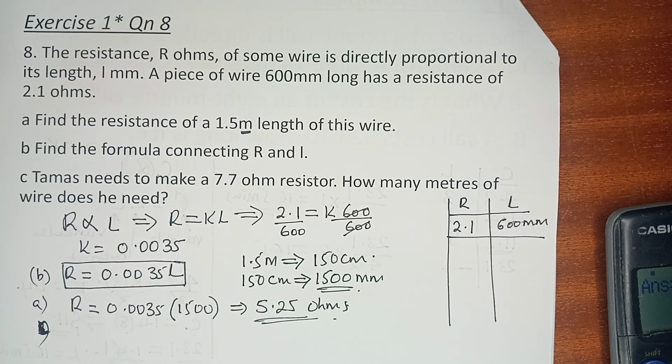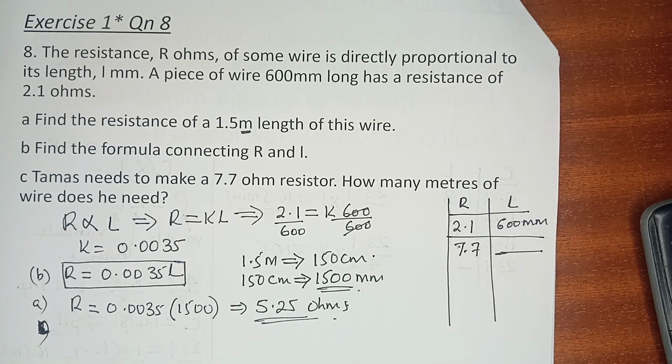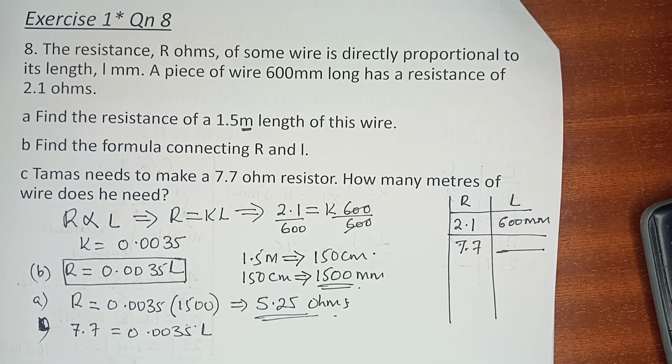Part C, Thomas needs to make a 7.7 ohms resistor. How many meters of wire does she need? In this case, we have 7.7. We don't have the length, but the formula is here. So we have 7.7 is equal to 0.0035 L. But remember, L is still in terms of millimeters.